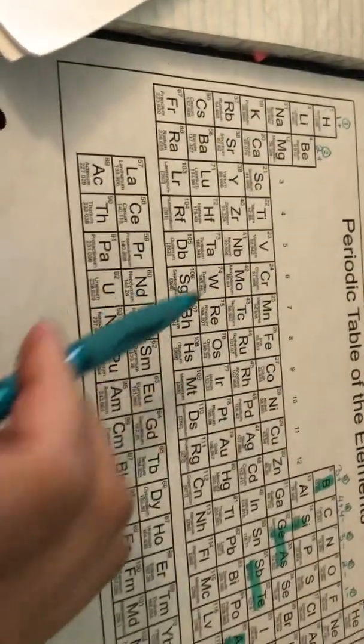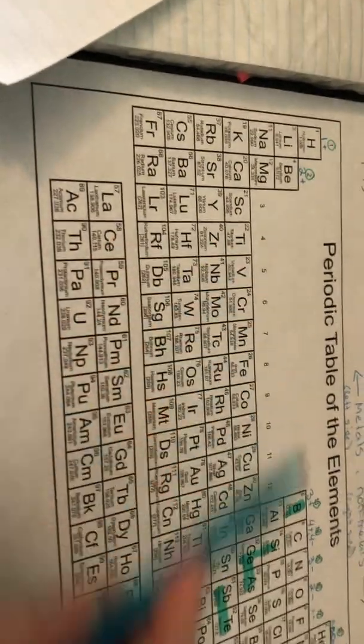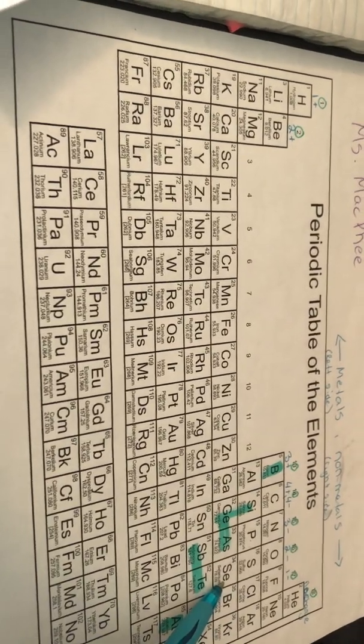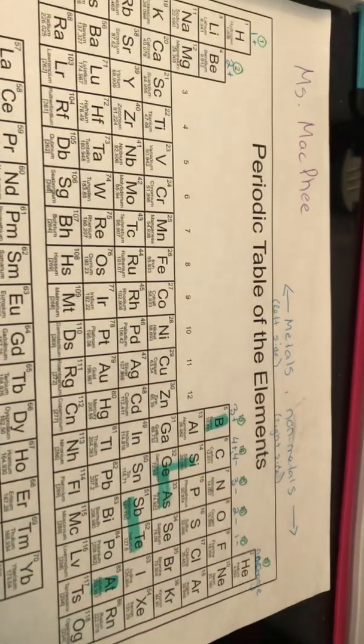Okay, so we have TiSe. Ti is titanium and Se is selenium. So titanium, leave that space for that Roman numeral. And then selenium, which we're going to change to selenide. Selenide.